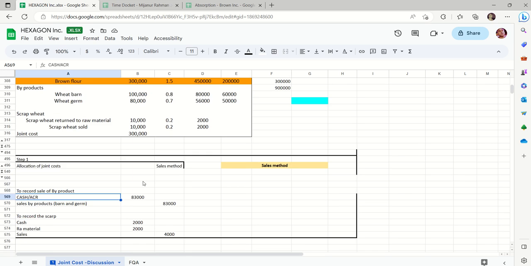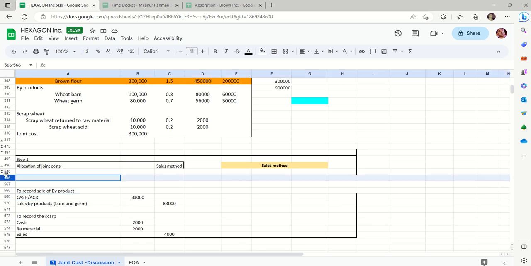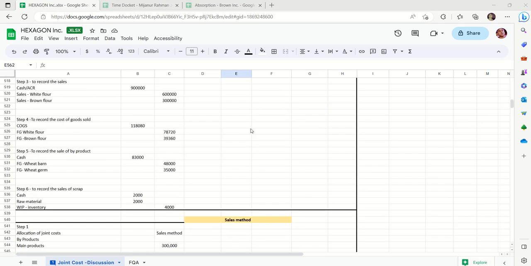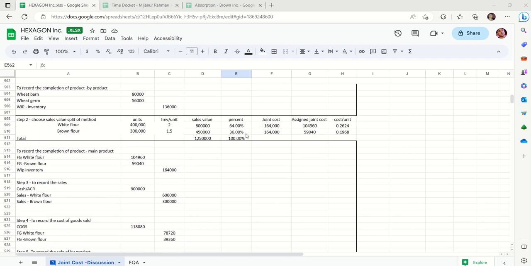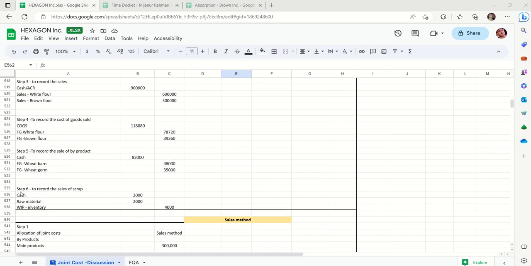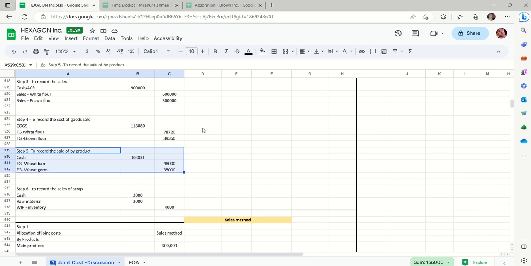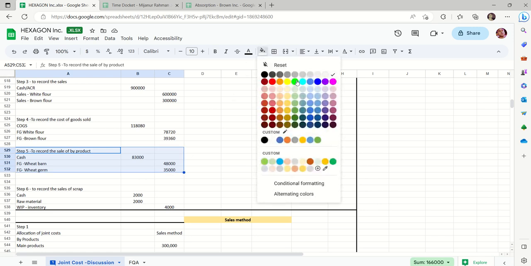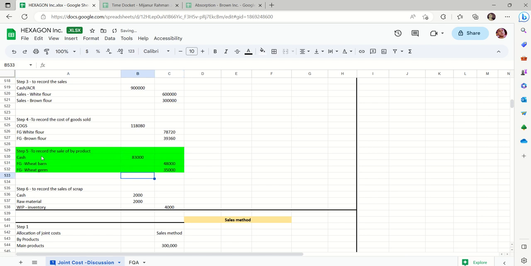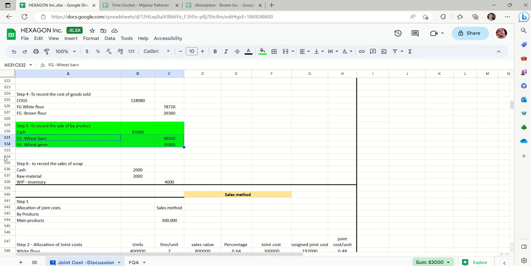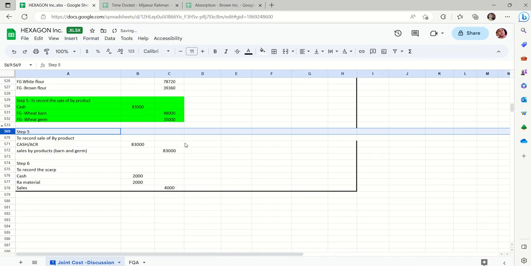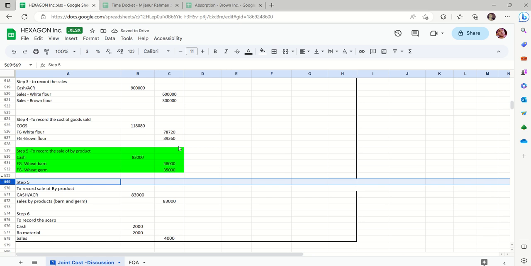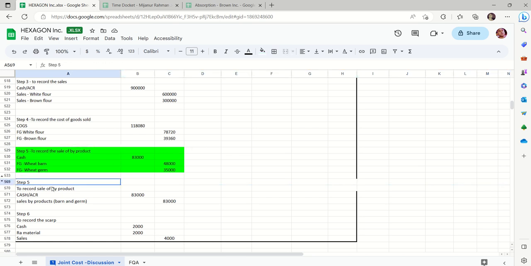It's different from the production method, perhaps I can show this to you now. In the production method, I'm going to highlight the cells here to record the byproduct, highlighted in green. Let me bring it side by side. So this is under the production method, and this is under the sales method in Keon.